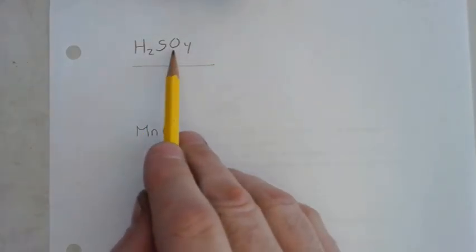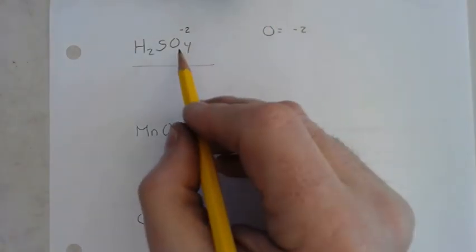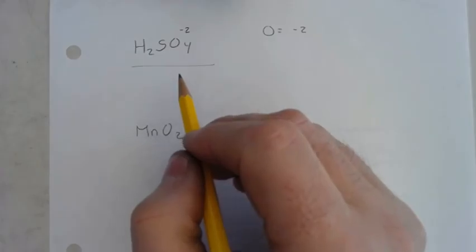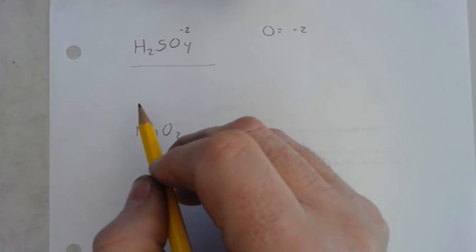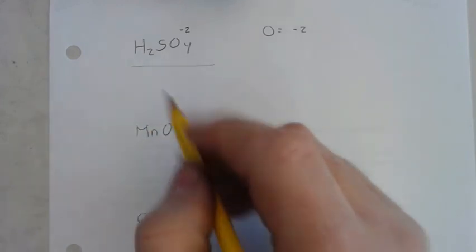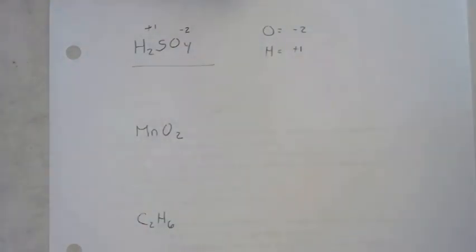We have 4 of them, and it says that oxygen is almost always -2. So the oxidation state of oxygen will be -2. Then the next step is rule 4 says that hydrogen is always going to be +1 when attached to nonmetals. So each one of these is +1. So we say hydrogen is +1 oxidation state.